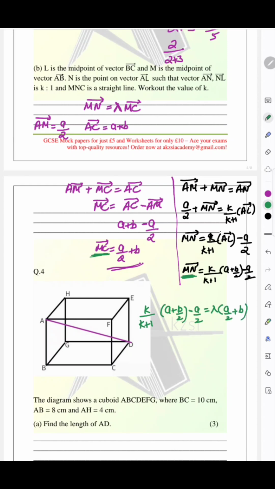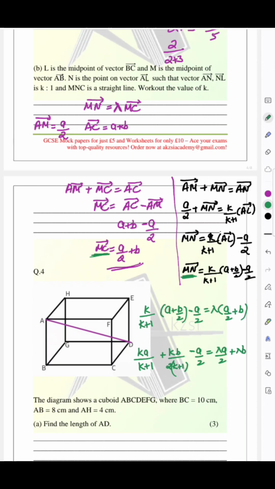And now we just have to compare. So let me expand the bracket. It will be ka over k plus 1 plus kb over 2 times k plus 1 minus a over 2 is equal to lambda a over 2 plus lambda b. And just compare the values of a and b.